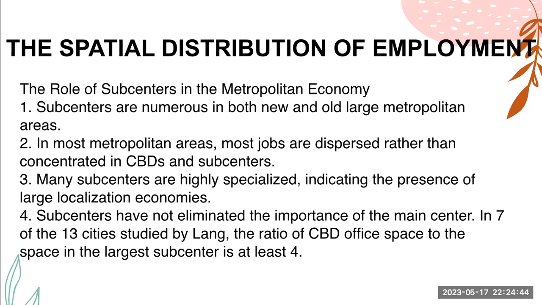So in the US, the metropolitan areas with the largest central business district subcenter ratios are New York, where the ratio is 32, and Chicago, where the ratio is 12. And Detroit is the only metropolitan area with a ratio less than 1.